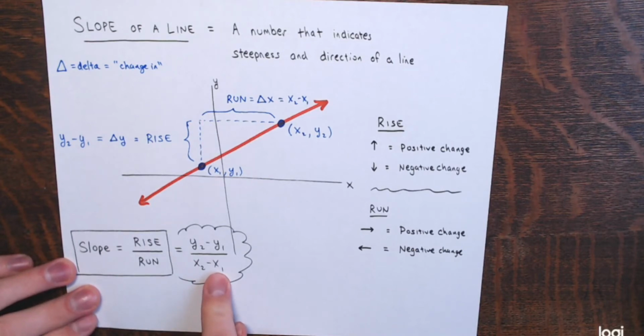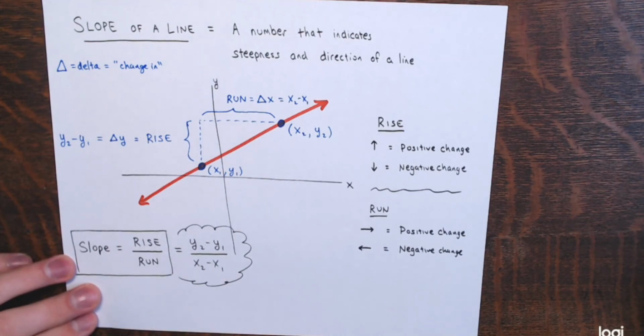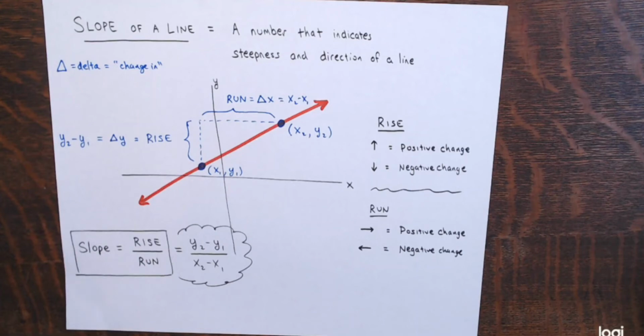So if you do y2 minus y1, you have to do x2 minus x1. Now you could switch these around. You could do y1 minus y2 for the rise, but then you would have to do x1 minus x2 for the run. Just make sure you're taking those differences in the same order. Alright, so again, I did all this in the last video in section 4.4 part 1.